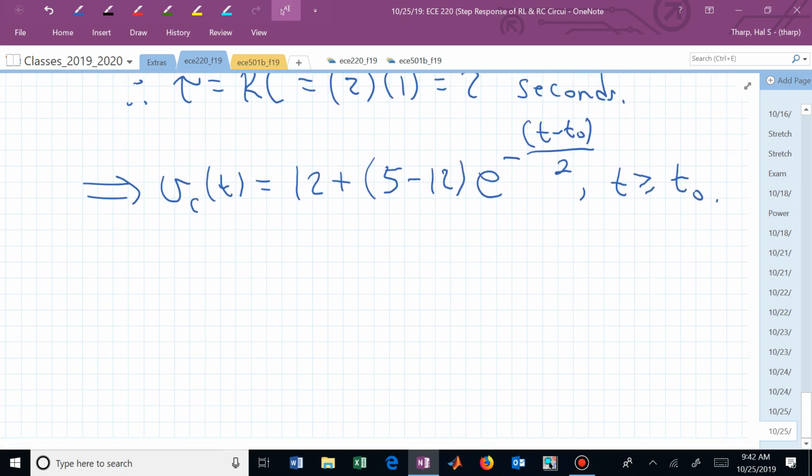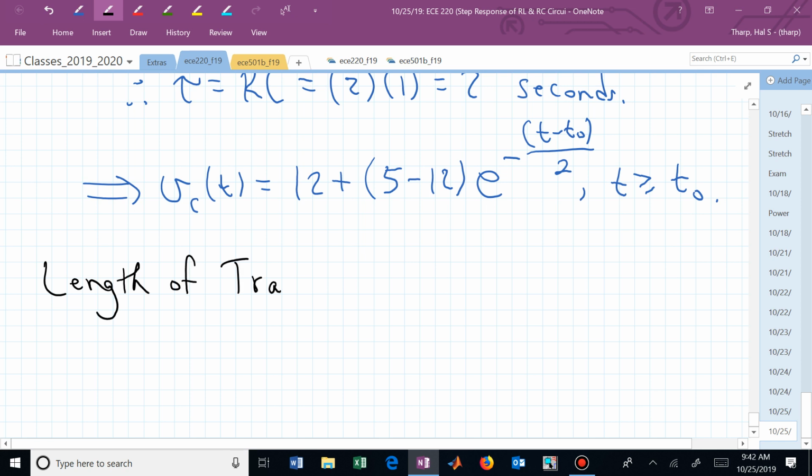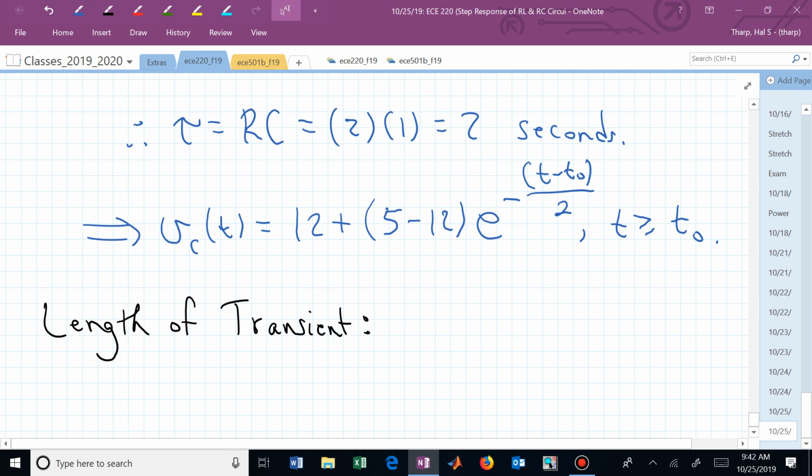What is the length of the transient? How long do we have to wait until we get into the limiting value of V sub C after t naught? 10 seconds, which is 5 tau. So now we have 5 tau, which is 5 times 2 in this case.